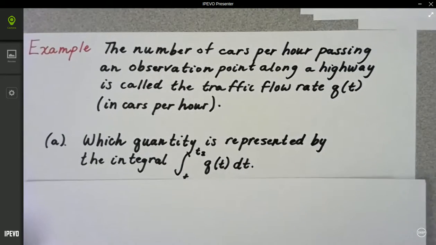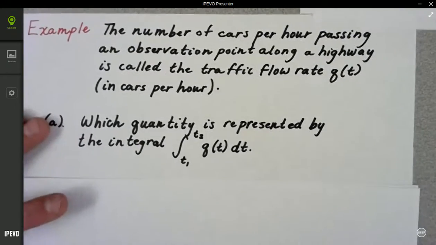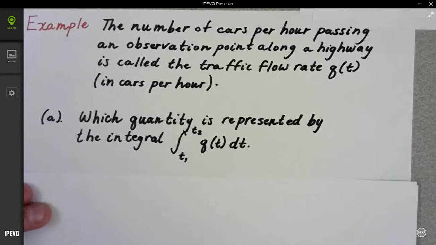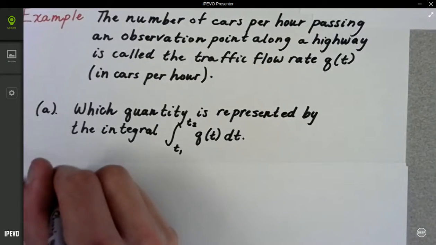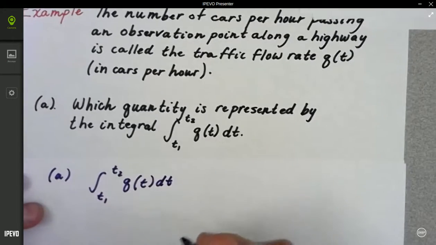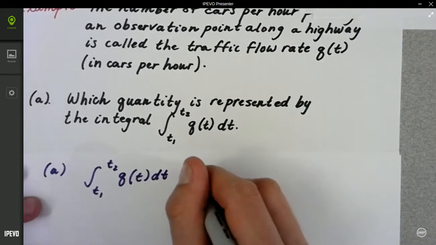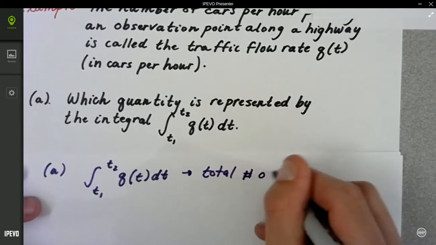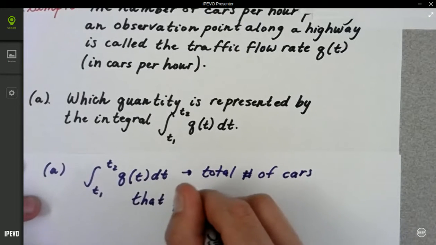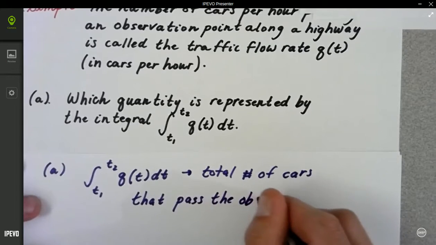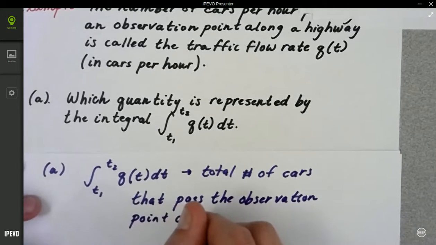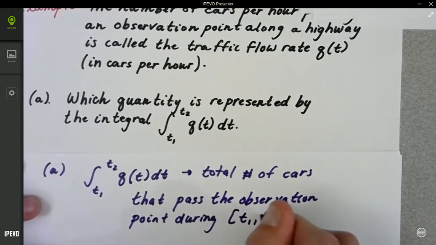Part A: which quantity is represented by the integral from t sub 1 to t sub 2 of Q of t dt? We have to interpret this. That integral represents the total number of cars that pass the observation point during that time interval, t sub 1 to t sub 2.